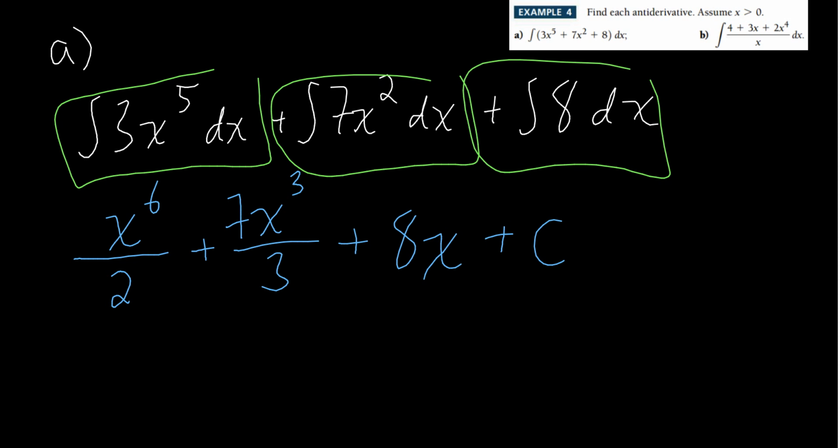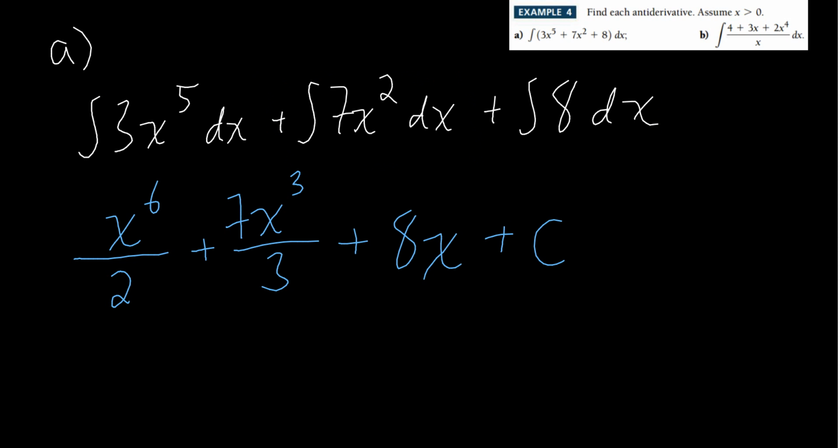Well, it does kind of make sense to say the antiderivative of 3x to the fifth is x to the sixth divided by 2. And then we could think of it as plus c. And then we could put a plus c here, and then we put a plus c here.